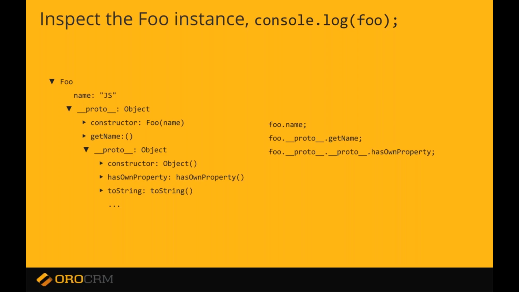At the beginning, the JavaScript interpreter will look on the higher level. If it does not find, for example, the get method on the foo level, it will check its prototype, and it will find the get method on the prototype level.